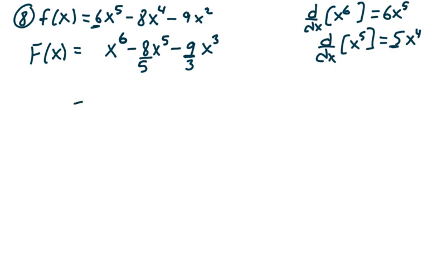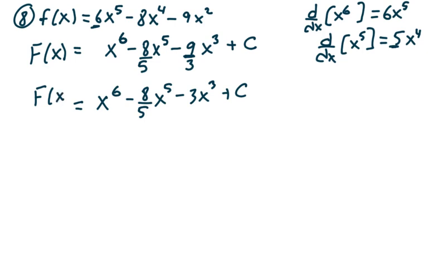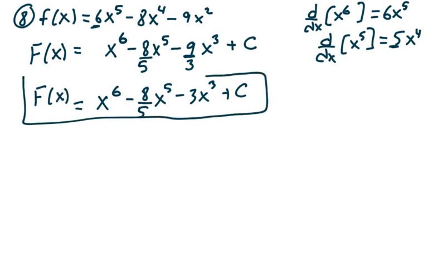And by the way, if we want a general antiderivative, we add c. Simplifying, we get x to the 6th minus 8/5 x to the 5th minus 3x cubed plus c. And so this is capital F of x. That's number 8.